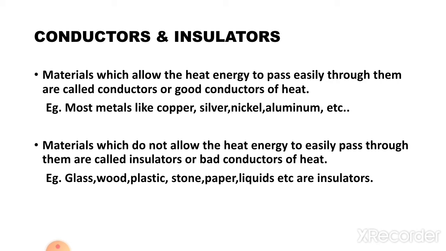And different metals conduct heat differently. Materials which do not allow the heat energy to pass easily through them are called insulators or bad conductors of heat. Glass, wood, plastic, stone, paper, liquids, and various gases are insulators.